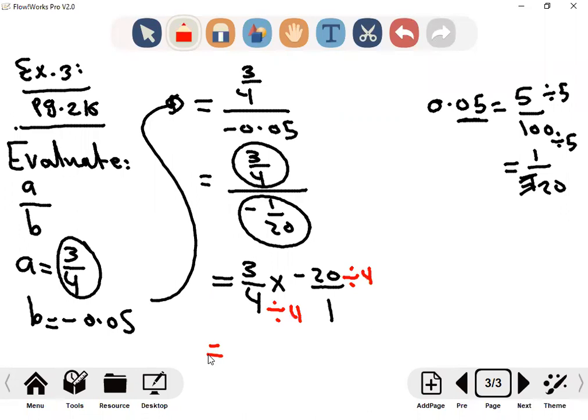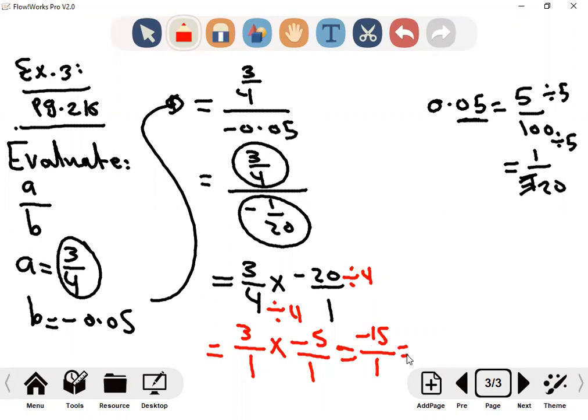Now find your divisions. The 3 stays the same, down 1, right? Multiply negative divided by positive, negative. 20 divided by 4, 5 over 1. Now up, here 1, right? Positive multiply negative, 3 by 5, 15.